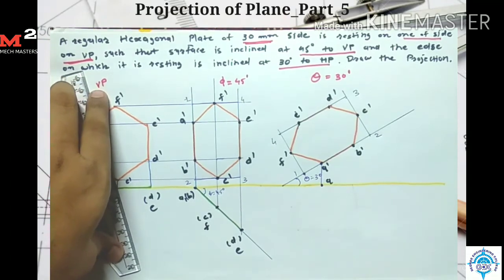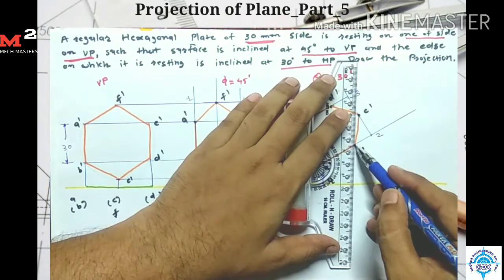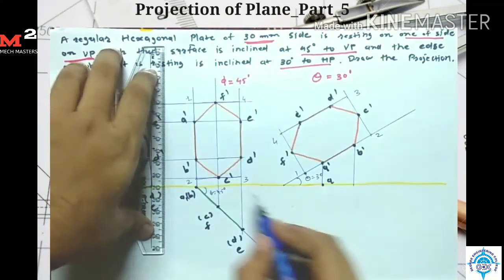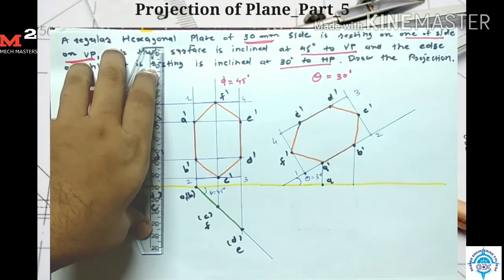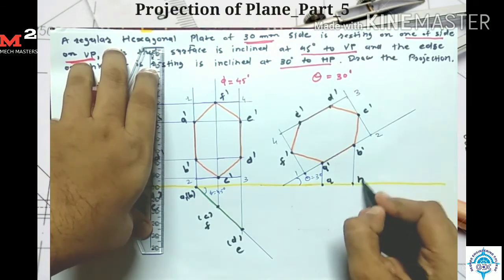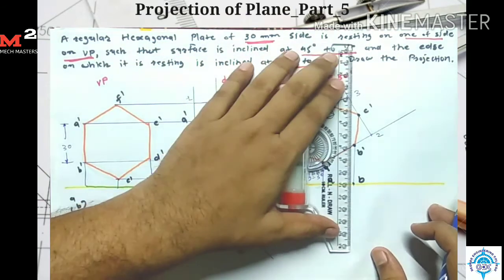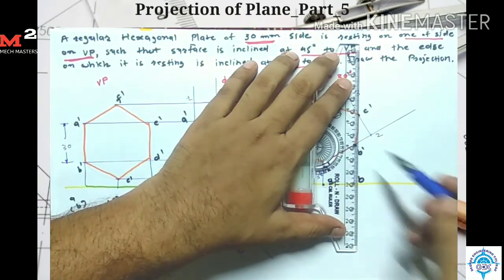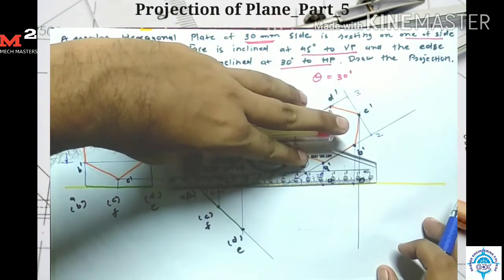Now for point B, I take the projection from here and from here. So here I get my point B. Now for point C, I take the projection from here and from here.